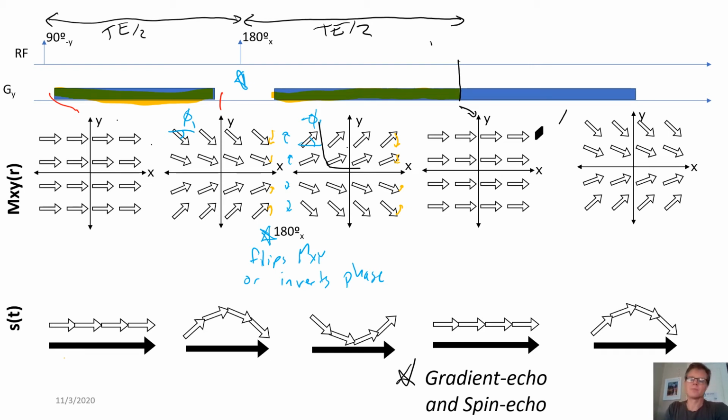Okay, so we choose them to be coinciding. But the other main point here is then how to handle the effects of the gradient or the phase when we have this 180-degree refocusing pulse in a spin echo sequence. And the key point here is that it flips or inverts this phase.